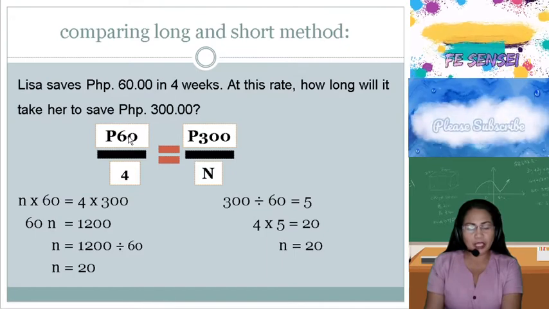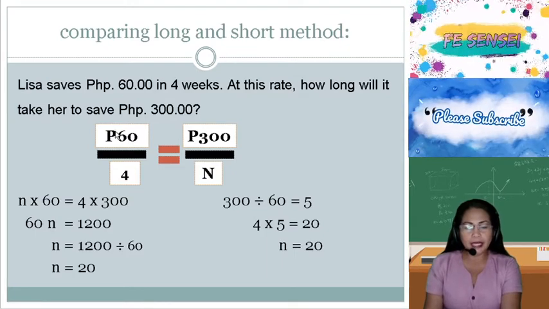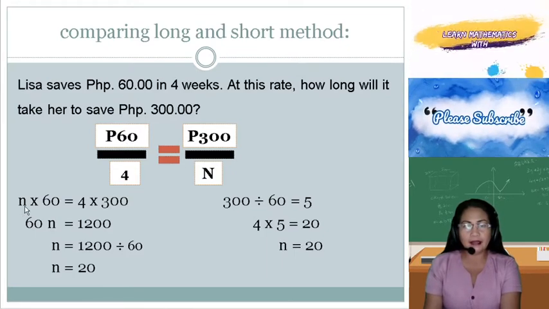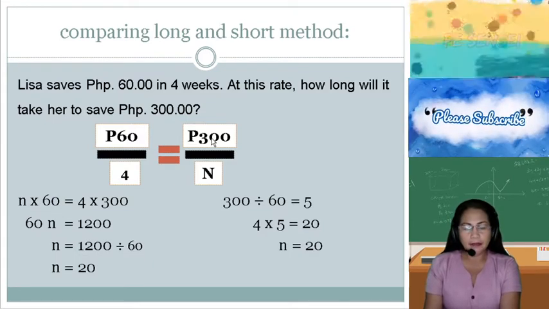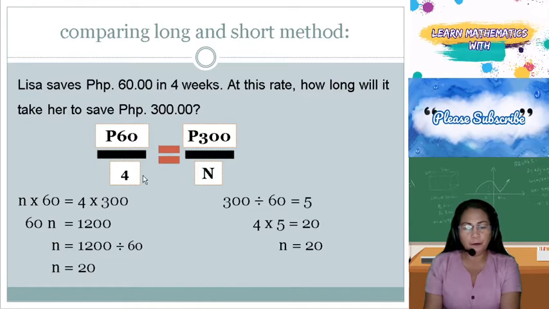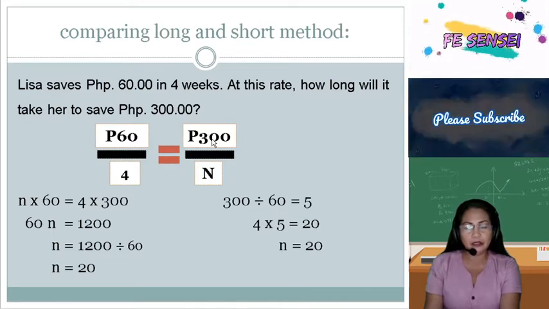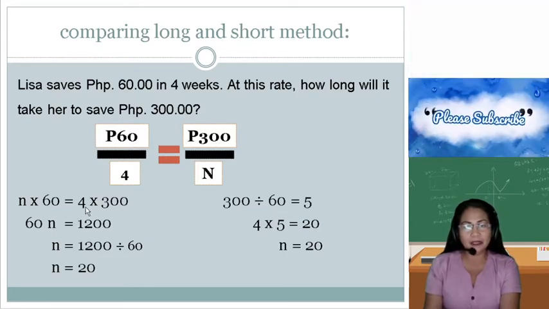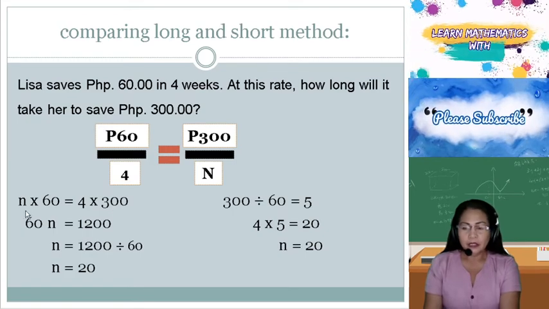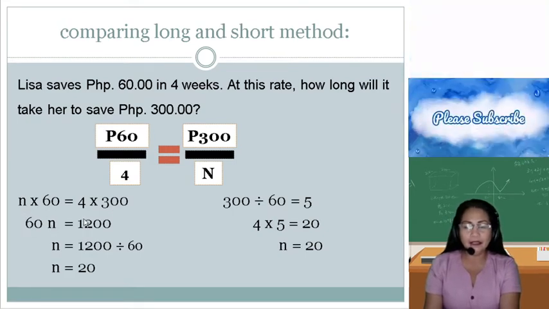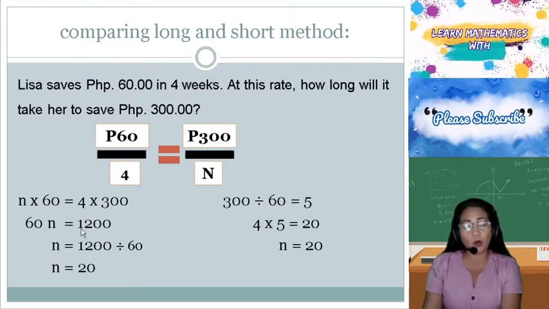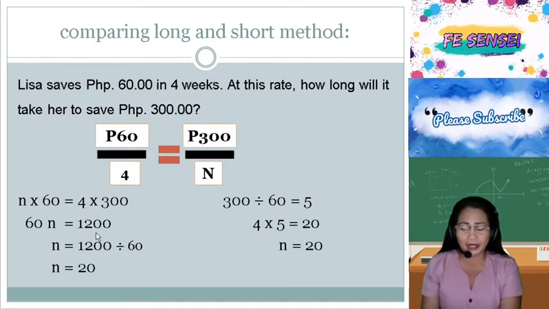So, using cross multiplication, n times 60. Then 4 times 300. So n times 60 equals 60n. 4 times 300 equals 1,200.